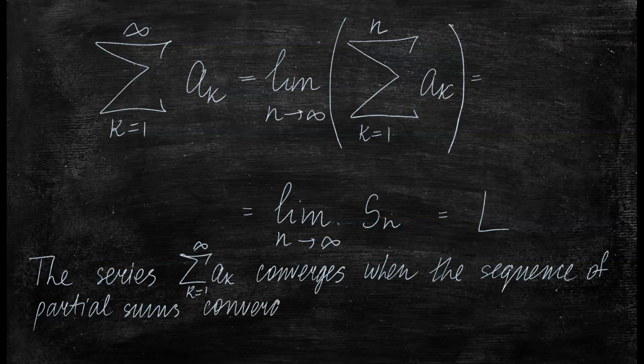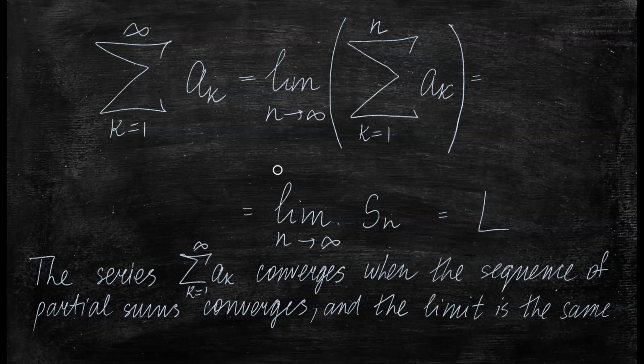And why is this important? Well, this is important because we just spent quite some time revisiting sequences and their limits, and we said that we pretty much know how to find the limit of any sequence if it exists.